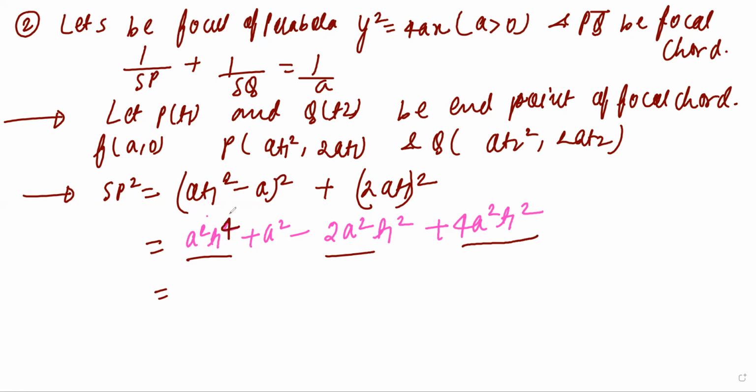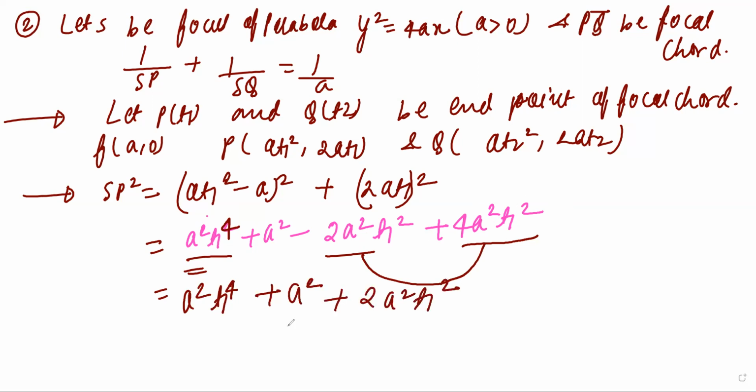So it is a square t1 raised to 4 plus a square minus 2a square t1 square plus 4a square t1 square. Note this one: a square t1 raised to 4 plus a square plus 2a square t1 square. So it is (a plus b) whole square, so you can write it as (a t1 square plus a) whole square.